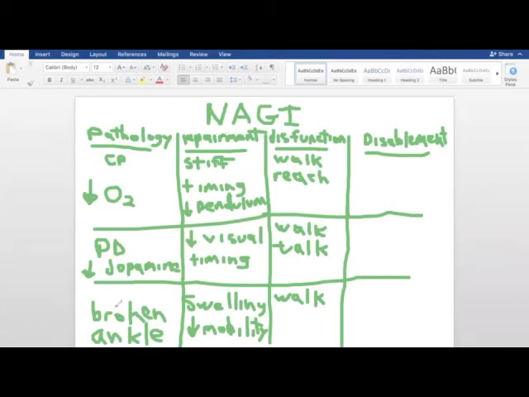An individual with a broken ankle, once they get out of that cast, they're going to work on reducing swelling, increasing mobility. So this level here, and let me erase this so I have a little bit more room. This level here is where our doctor would function. This is our doctor level.